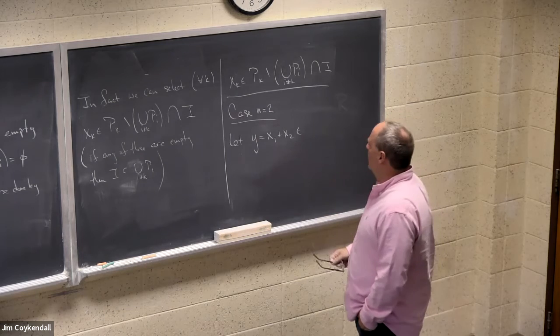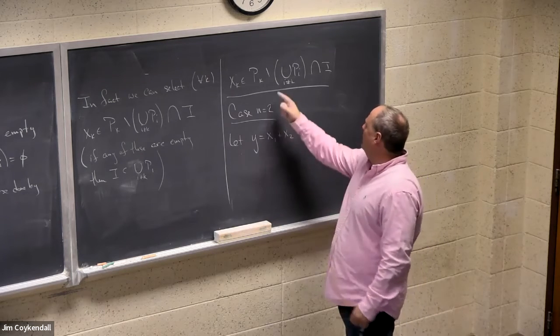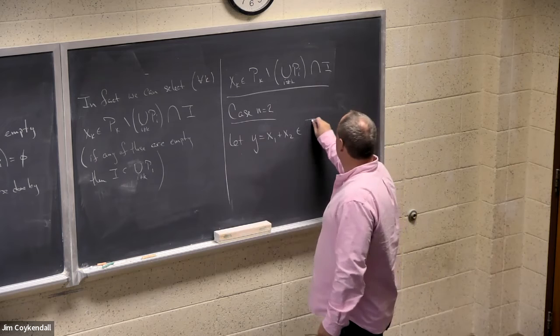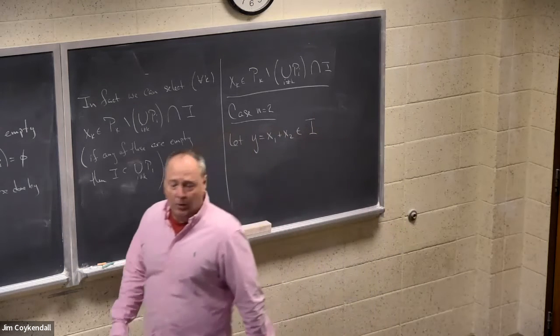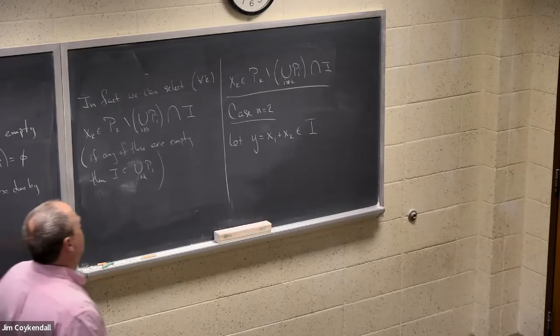Now, what do I know about x1 plus x2? Well, they're both in I. So the sum of x1 and x2 has to be in I. And of course, we're assuming that I is contained in P1 union P2.